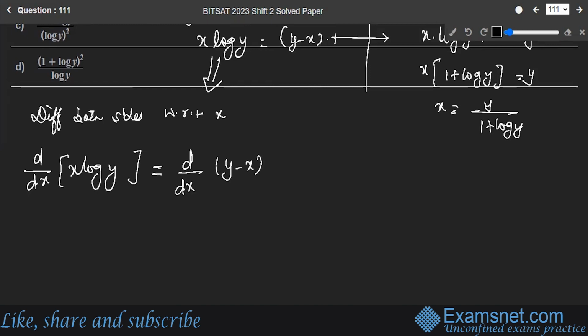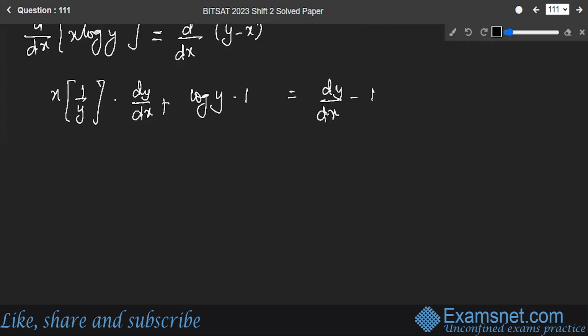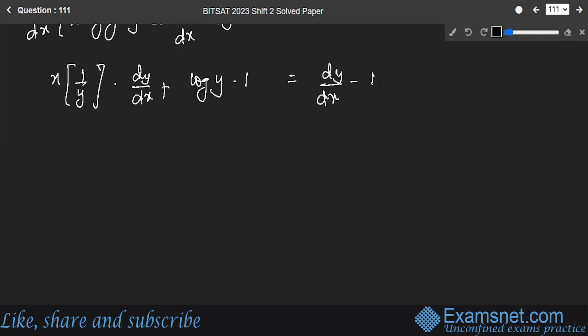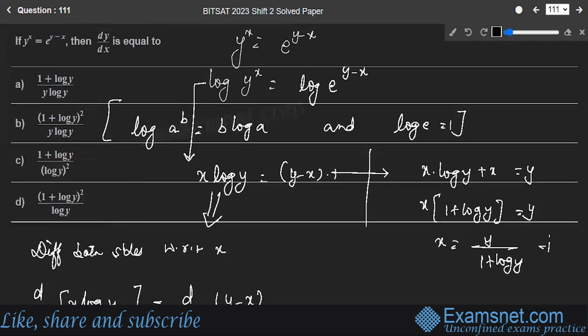So now using the product rule, this can be said x into 1 by y dy by dx plus log y into derivative of x, which is 1, is equal to dy by dx minus 1. Right? Okay, so let's take this on the LHS. I'm taking dy by dx common. This will be x by y minus 1 is equal to minus 1 minus log y. Let's say this is equation 1.